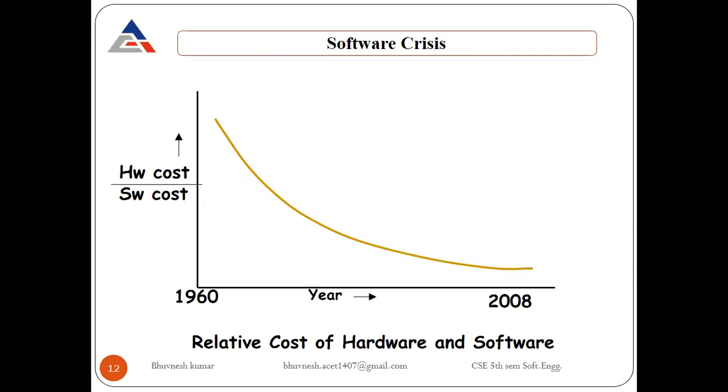Okay. Here is a graph to show you a software crisis. In 1960, the demand for hardware and software is maximum. If demand is more, your cost is maximum. I have told you that if demand is more, your cost is maximum.